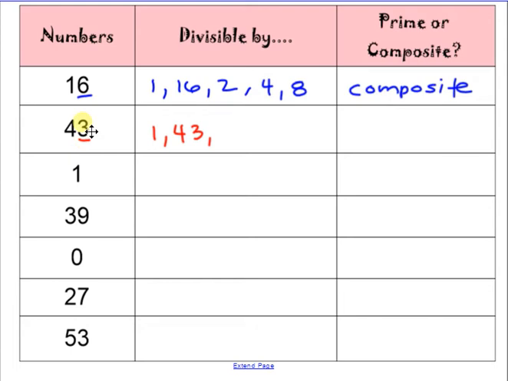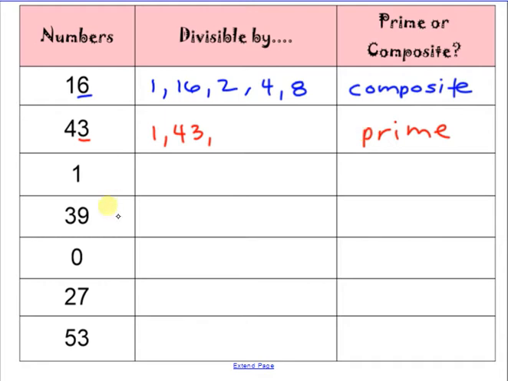Now, I do want to say this. There could be larger numbers that go into 43, such as the number 17, for example. Right now, we're just working with some basic divisibility rules, and so this number is prime. Only the number 1 and the number 43 go into it.